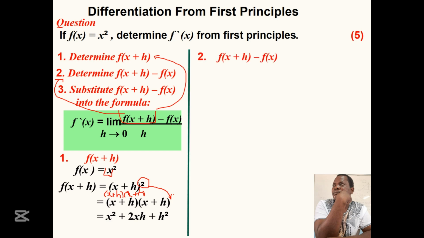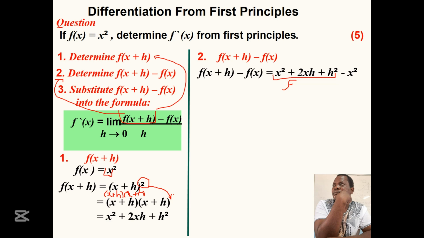Number two, determine the value of f of x plus h minus f of x. What does that mean? What we just calculated in step 1 is f of x plus h. From that answer, we're going to subtract f of x. So if you look at this expression, this whole part here up to here is my f of x plus h.